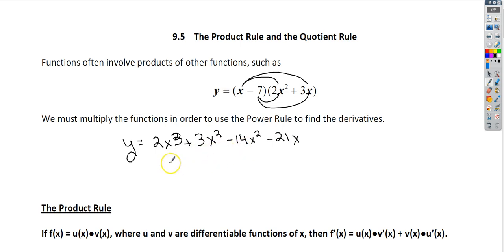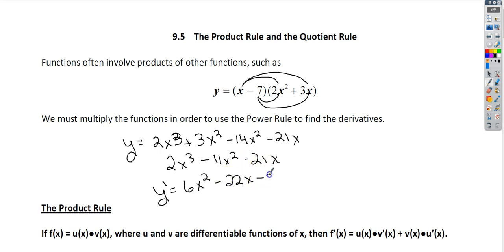Now I can put these together. So 2x cubed minus 11x squared minus 21x. Now I can take the derivative. So 6x squared minus 22x minus 21. So that's one way of doing it.